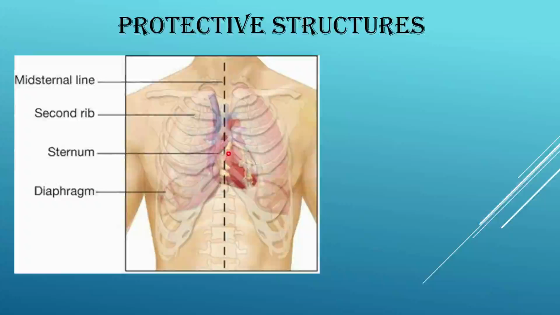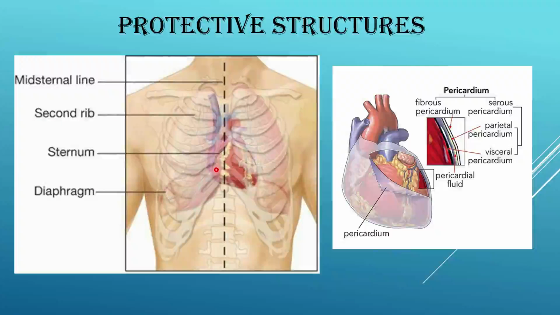As I showed you in the first frame, the ribs, the bony structure, protect the heart, and next the pericardium. Pericardium is a membranous covering that protects the heart, and as you can see it has two layers, the outer parietal pericardium and the inner visceral pericardium, enclosing a cavity in between, that is the pericardial cavity, which is filled with pericardial fluid.